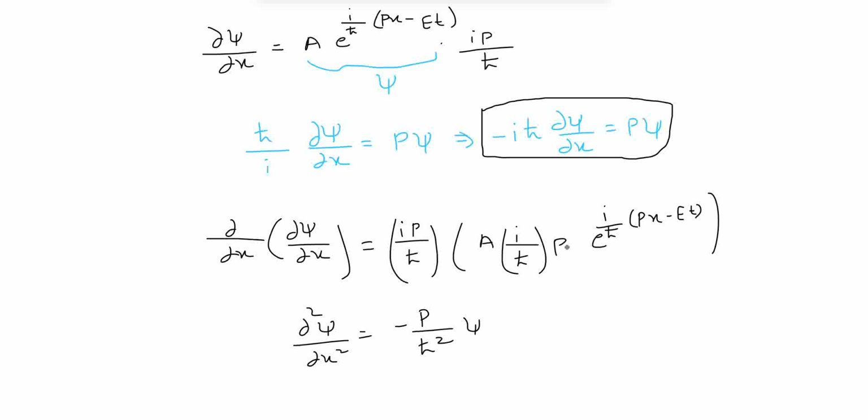So sorry, here p times p we have, that is p square. Now we may rearrange, like minus h cut square dou square psi by dou x square is equal to p square psi.